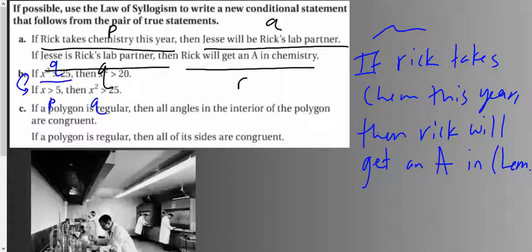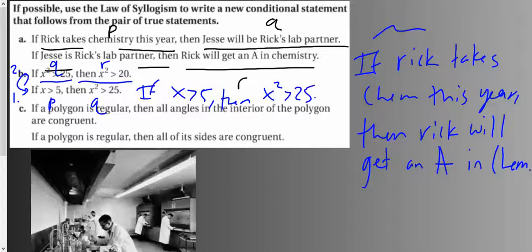So you've got to read it starting with this one first, then this one second. And then x squared is greater than 20. That's your R. Let me erase this part here. So if x is greater than 5, then x squared is greater than 25. And that's it.